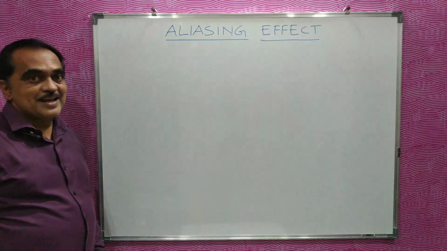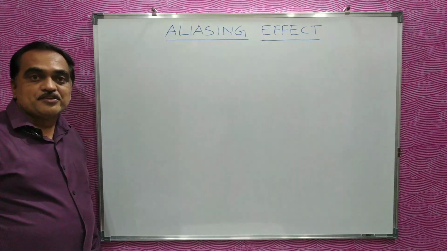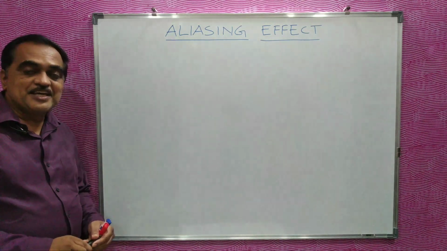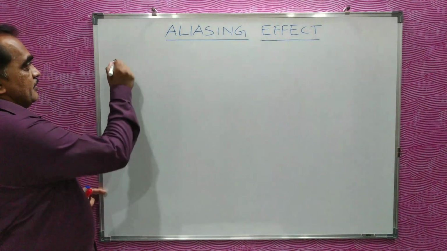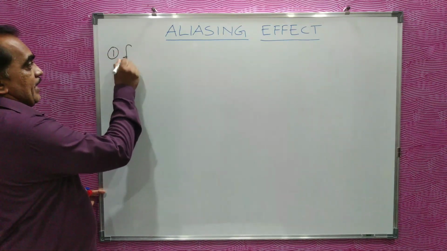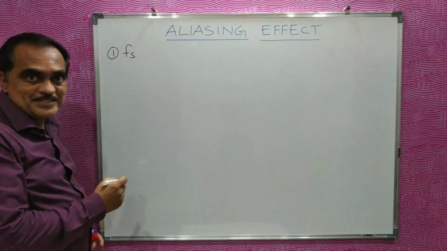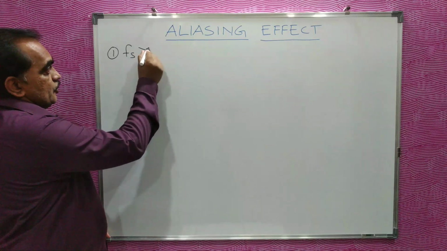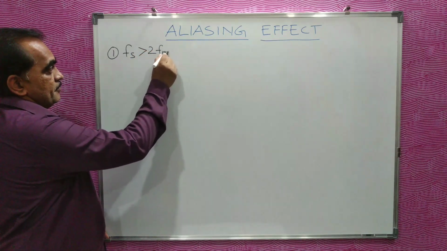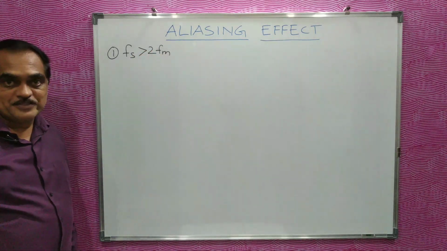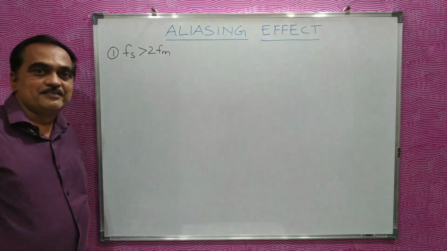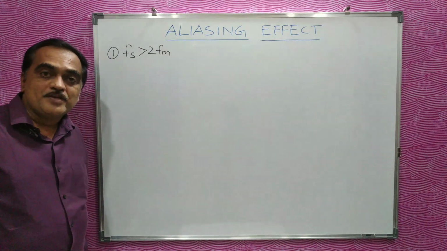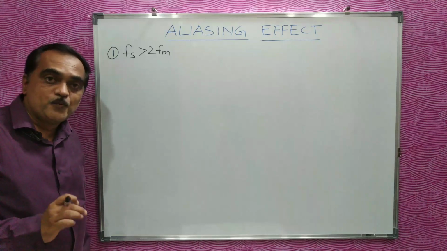Now, to study the aliasing effect, we should consider three cases. The first case is when Fs, that is the sampling frequency, is greater than twice Fm, twice the highest modulating frequency. If this is the case, how will the frequency spectrum of the sampled wave look?